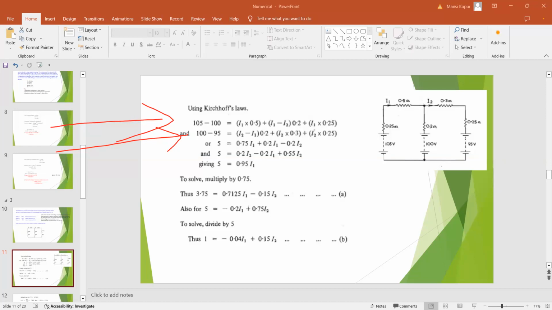Your value of I1 will come out to be 7.06 and I2 will be 8.55.